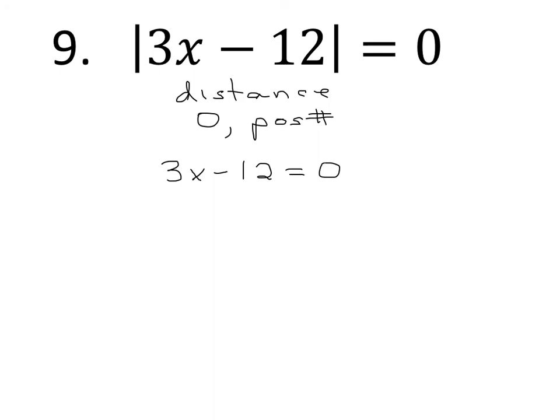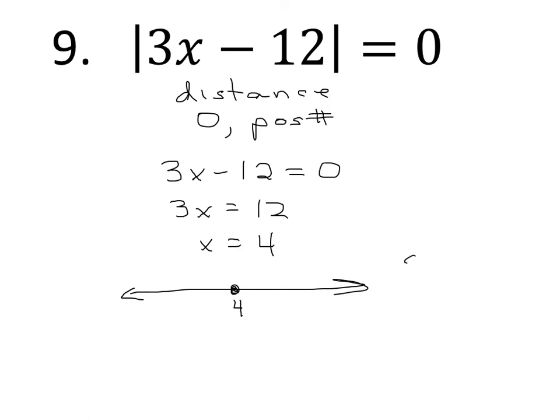There's no such thing as negative 0. So we have 3x minus 12 equals 0, and we solve that, and we get 1 point on our number line, so it graphs like this, and we get one number in our brackets to show how we express the solution.